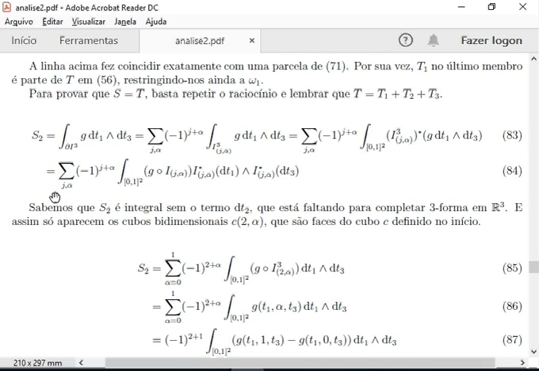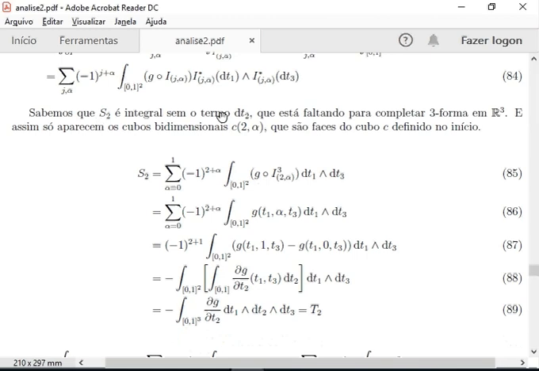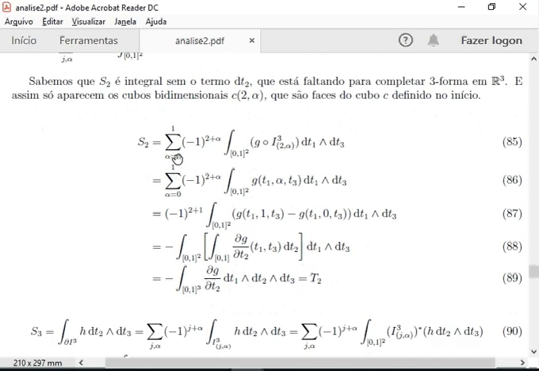It's equal to the integral over the straight square of the pullback of G composed with I, pullback of A dt1, pullback of I dt3. We know that it's missing dt2. It will only appear the bidimensional cubes C2 alpha, 0, 1, minus 1 elevated to 2 plus alpha, integral over the straight square 0, 1, 0, 1.